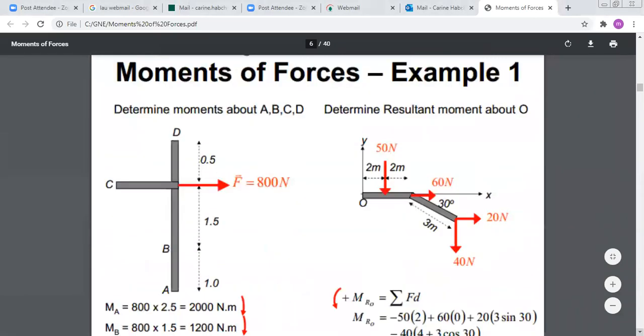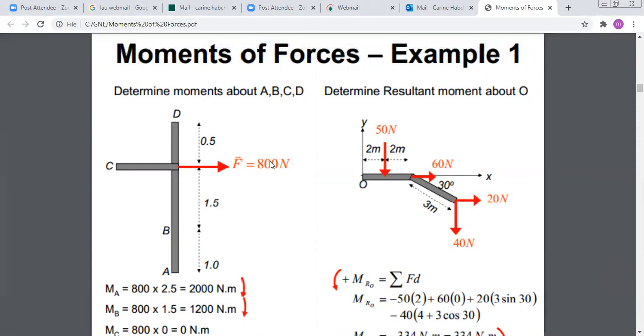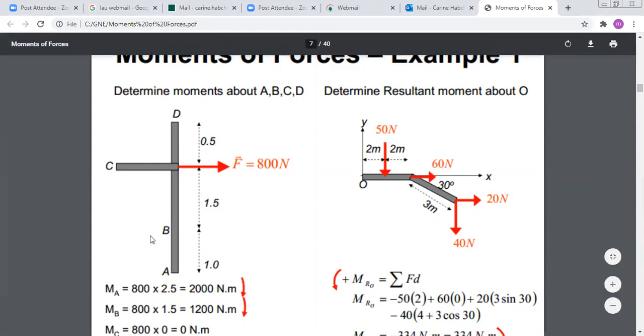Determine the moments about points A, B, C, and D for this force F. If you look at this figure, you want to find the moment of F about different points.